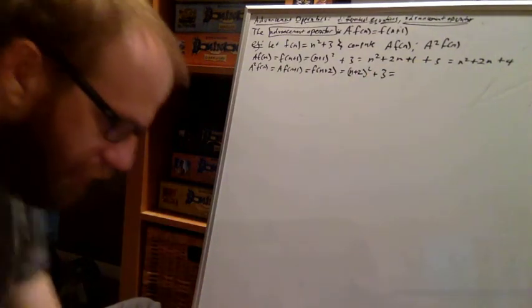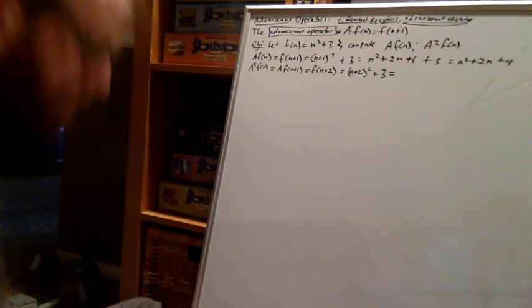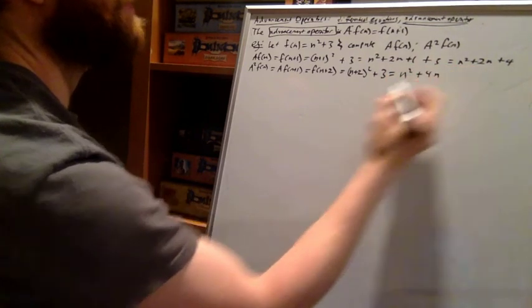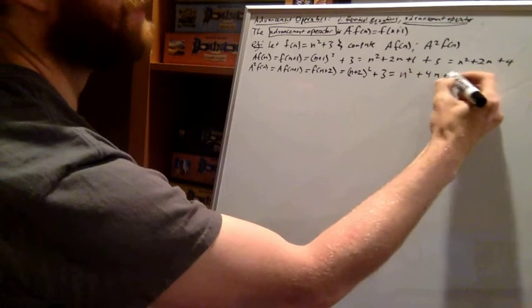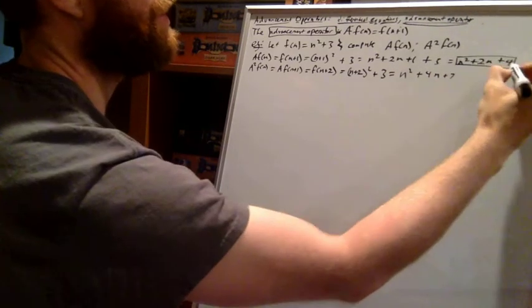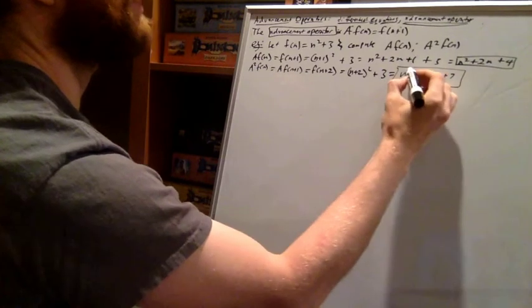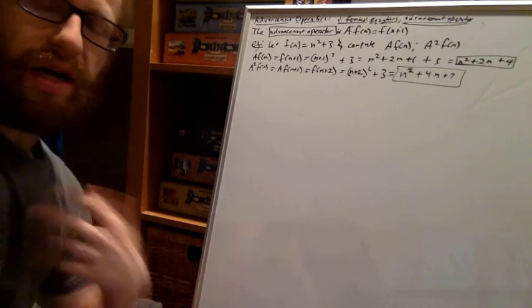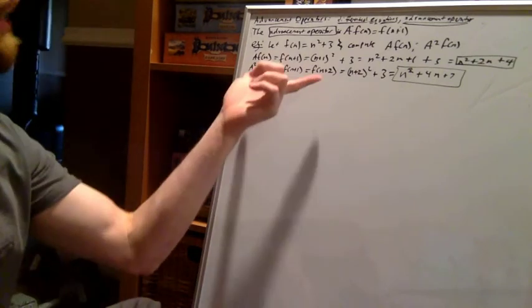And n plus 2 quantity squared gives us n squared plus 4n plus 4, plus 3 gives us plus 7. So that's how this is going to work when we apply the advancement operator to functions. This is just a basic exercise on how you employ this.